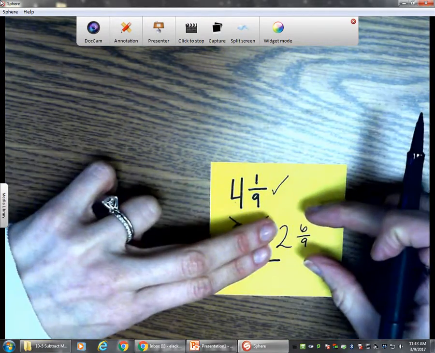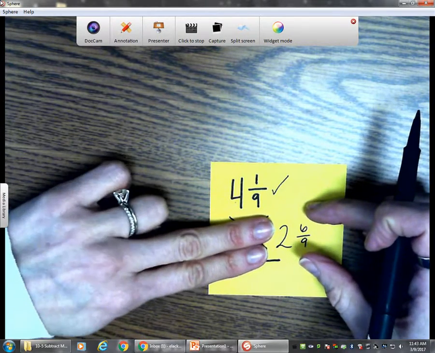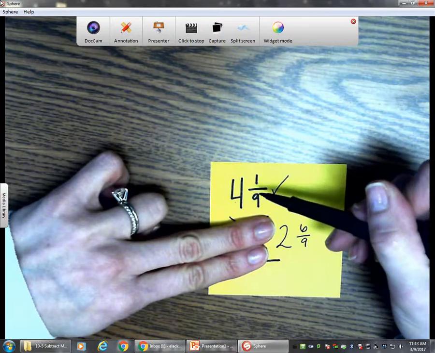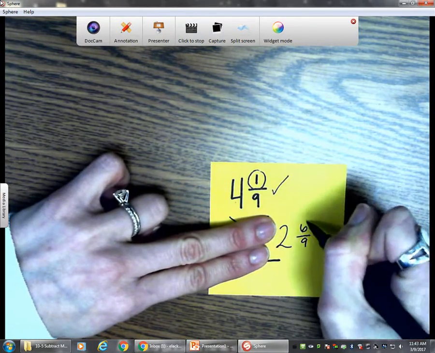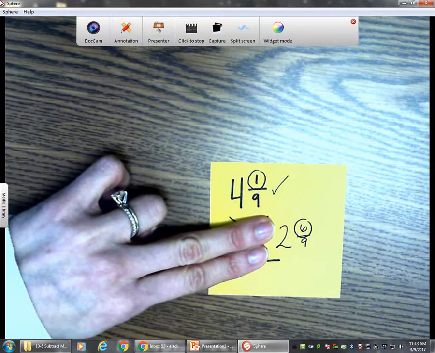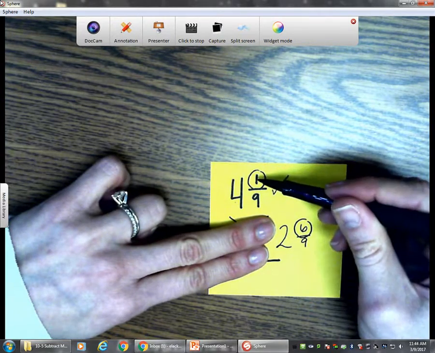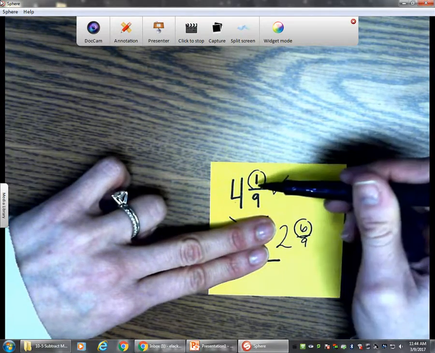Take away the smaller number, 2 and a little bit more. So I know there's more up here, but when I am focusing on these numerators, 1 take away 6, I'm having a lot of trouble and I can't do it. I can't do 1 take away 6. If you have 1 M&M, can you give 6 to your friends? No, you don't have 6 to give, you only have 1.